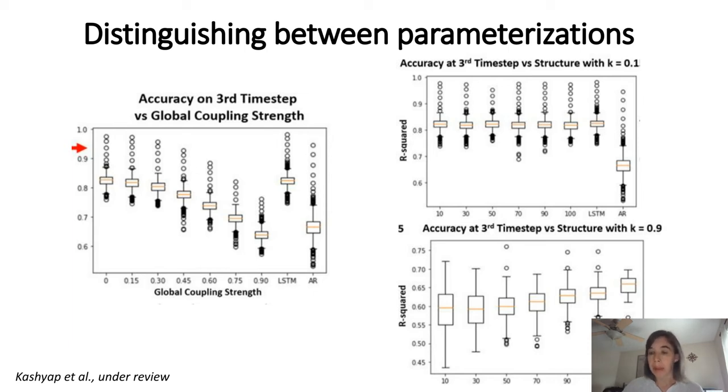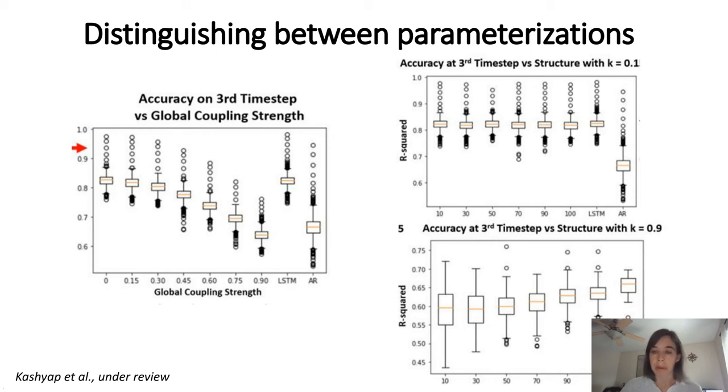So we had another idea, and we thought, okay, well, let's see how it responds if we mess up the structural network. And so on the right, we're showing the accuracy when we permuted, we've kept only 10% of the original edges of the structural network and permuted the rest, all the way up to keeping 100% of the structural network correct. And you can see if we have a low global coupling parameter, like at the top, we don't really distinguish across these cases.